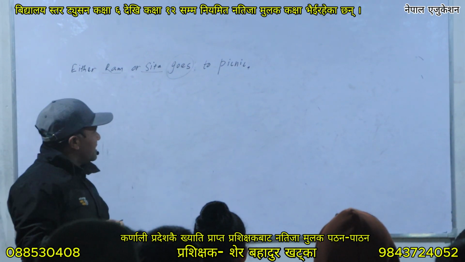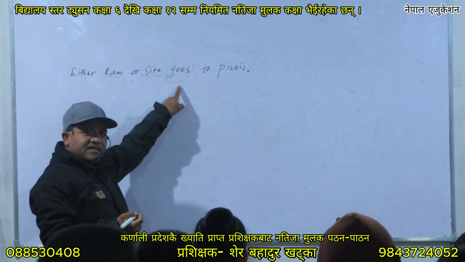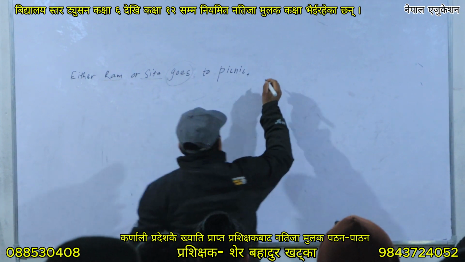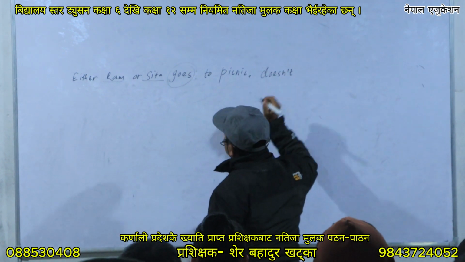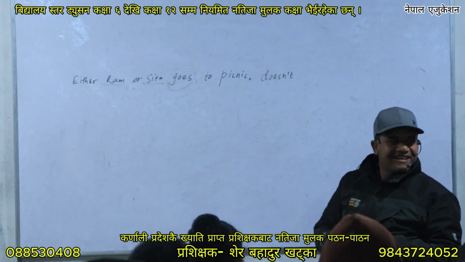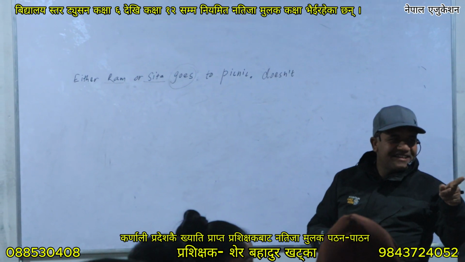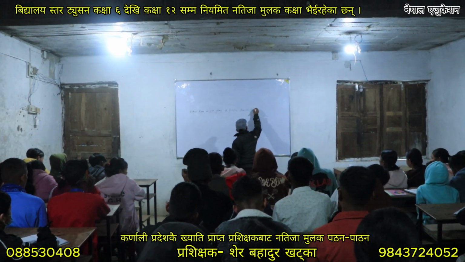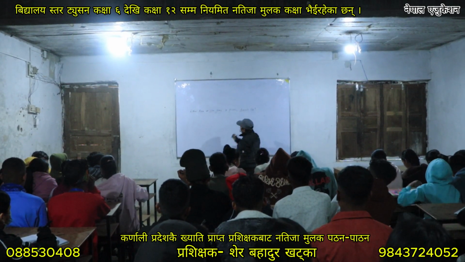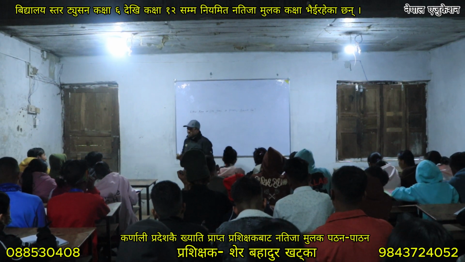Very good. The question tag is negative. And what can be the tag question of this? Doesn't. Any other? Doesn't she. The correct form is what? Doesn't she. Why? Because, remember, why?